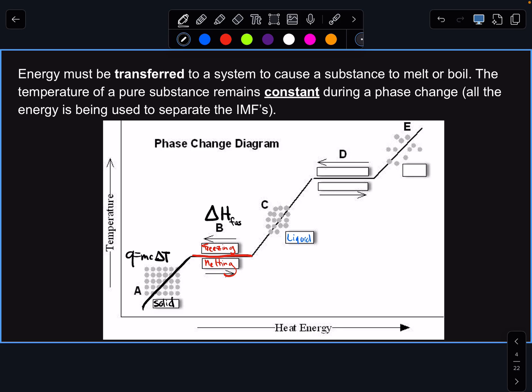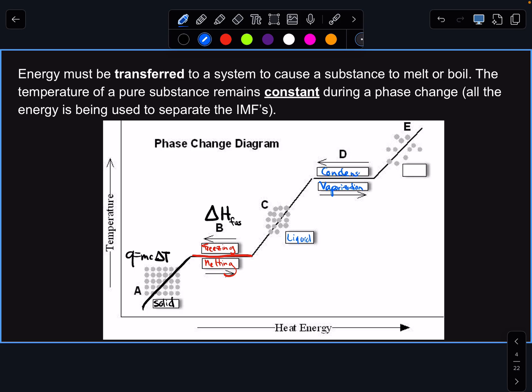Okay, once again, we climb. For water, we'd get to 100 degrees if we were at sea level, and it will start to vaporize or boil, depending on how you want to look at it. The opposite of vaporization would be condensation.